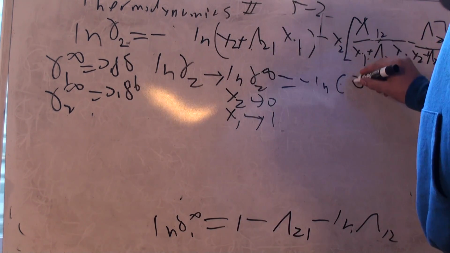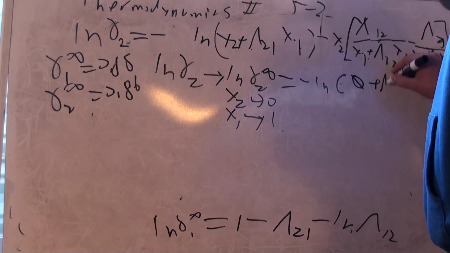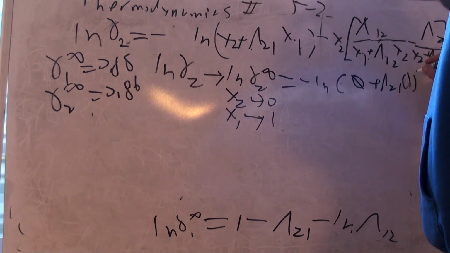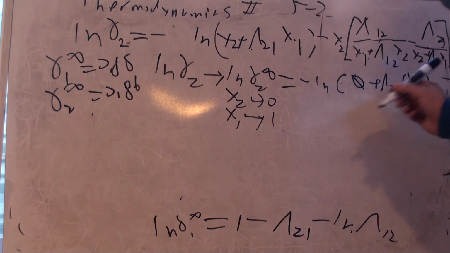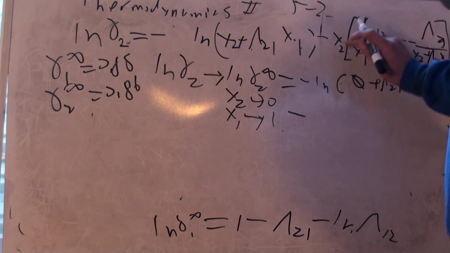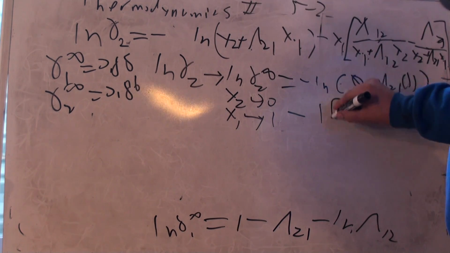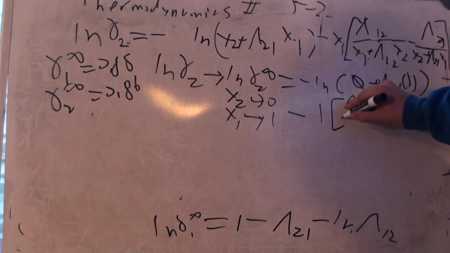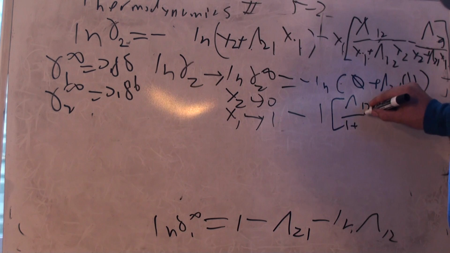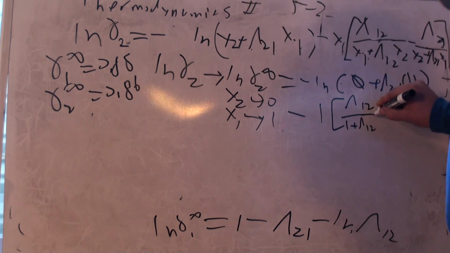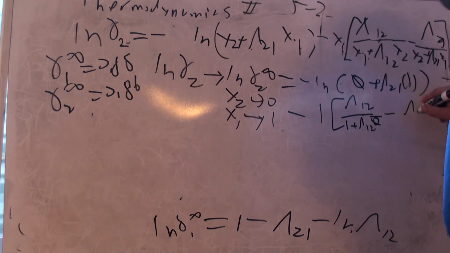So that still becomes 0 plus a21 times 1, minus 1, lambda 1, 2 over 1 plus lambda 1, 2 times 0, minus lambda 2, 1 over 0 plus lambda 2, 1 times 1.